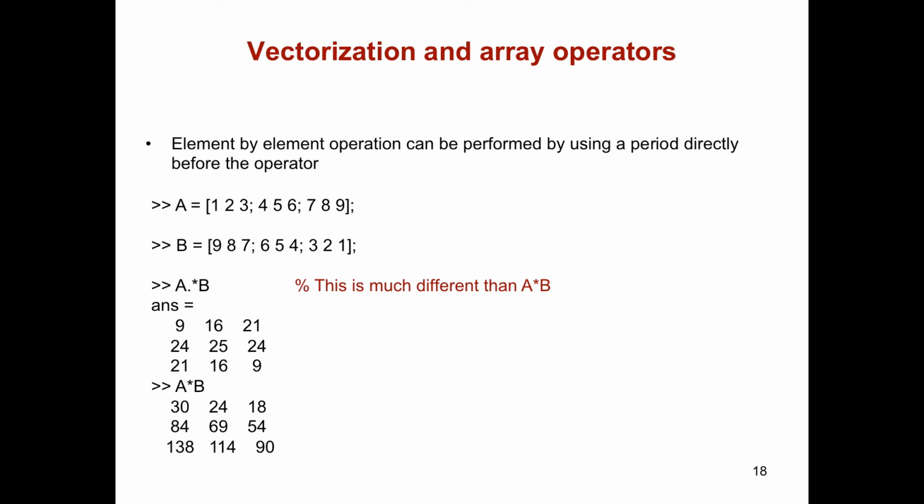So I'm going to have 1 times 9 is 9, 2 times 8 is 16, 3 times 7 is 21, and continue. 4 times 6 is 24, 5 times 5 is 25, and so forth. So A dot times B is element by element operation. A times B is our classical matrix multiplication. So please type this in as our last example today.